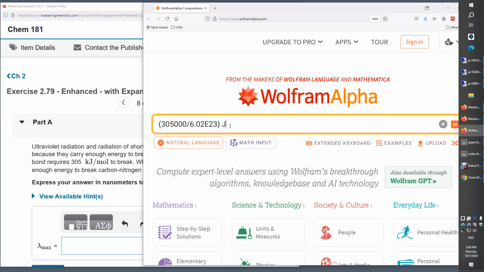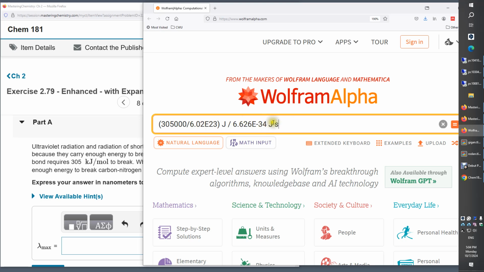And I need to convert it to frequency, because the energy of a photon equals the Planck constant times its frequency. So to get the frequency, it's the energy divided by the Planck constant. The unit is joule second.